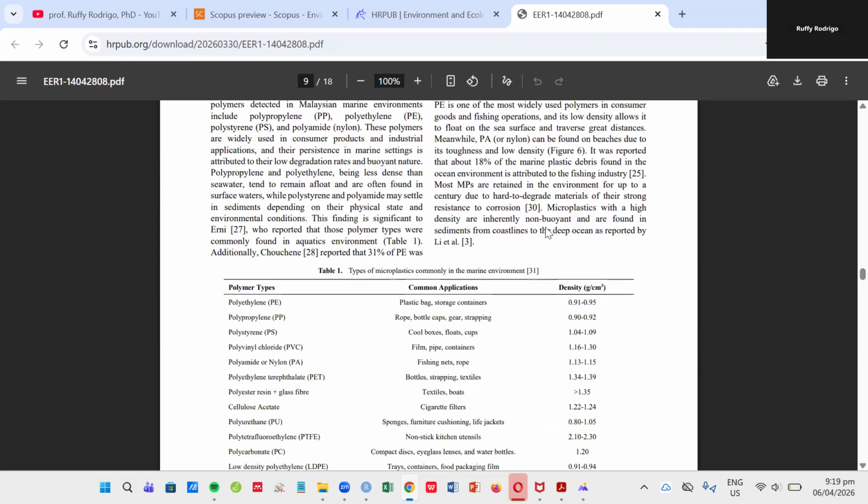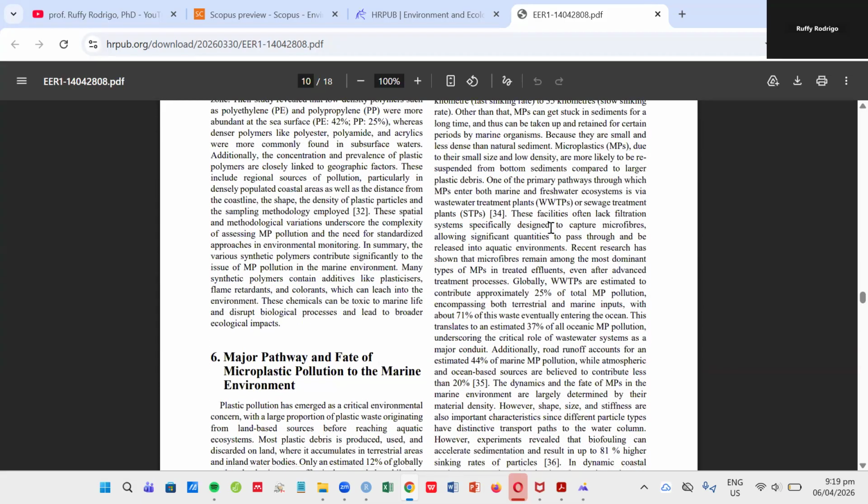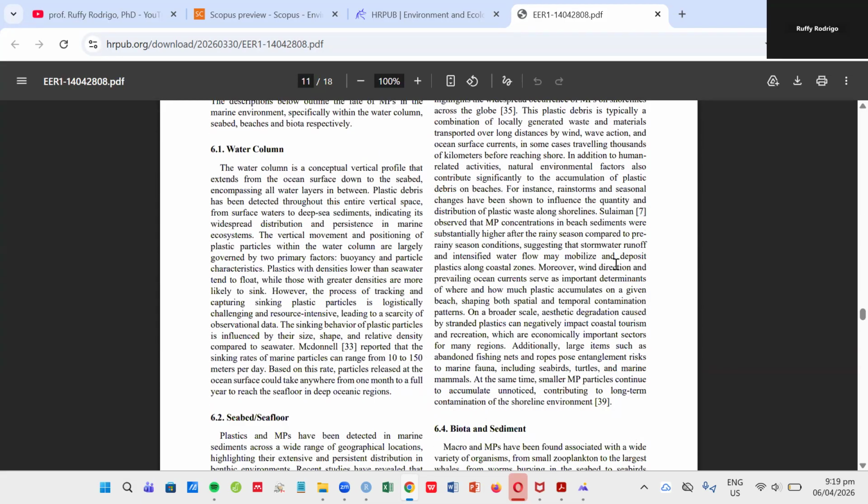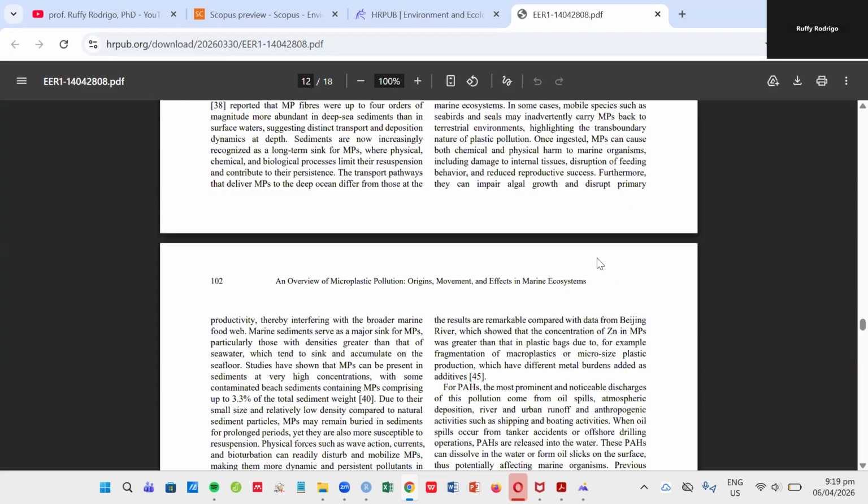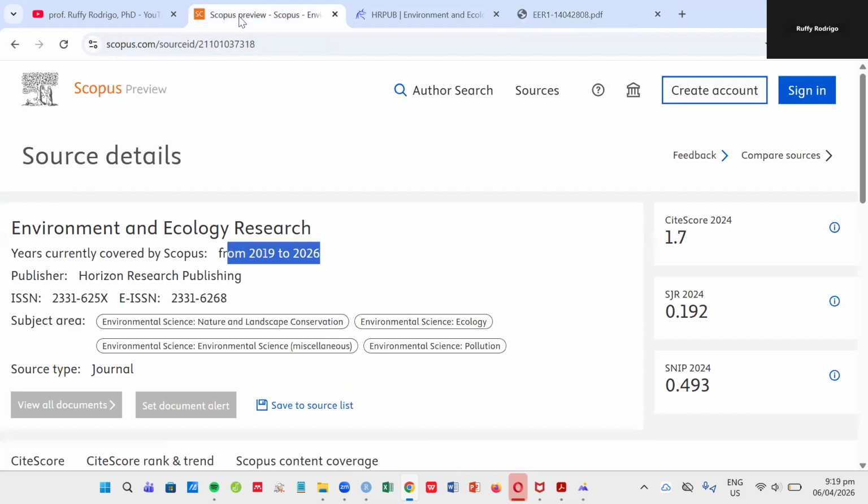You can just look at how they write their manuscripts and do that. I already have a video about this, and if you want to know more about how to check other journals on Scopus, just log on to Scopus preview, scopus.com.